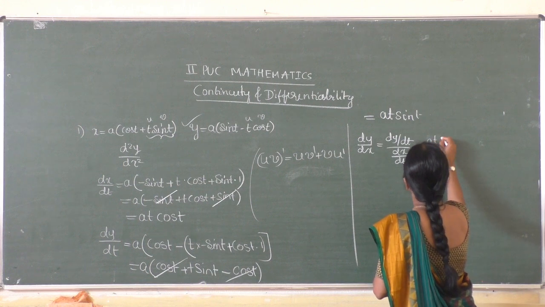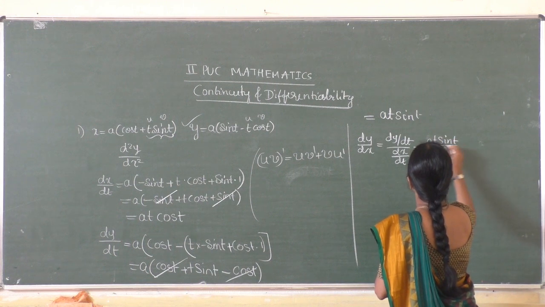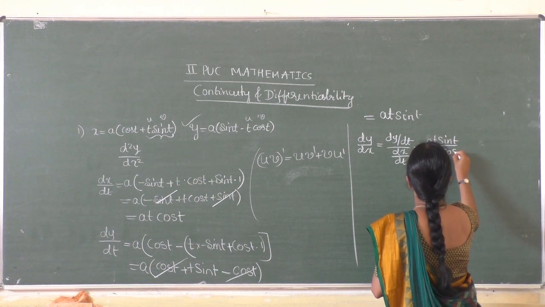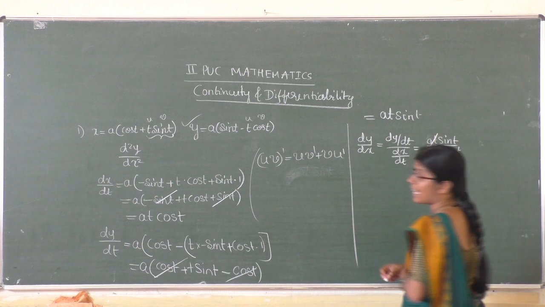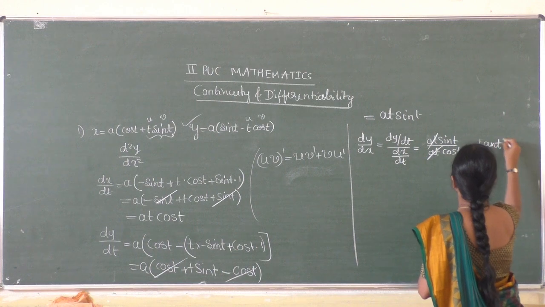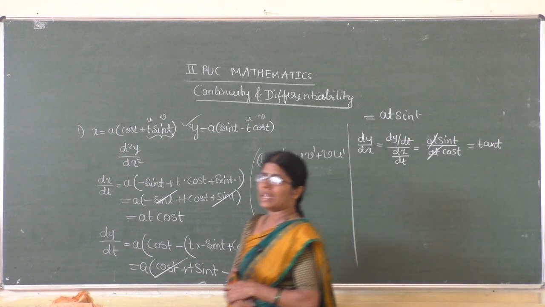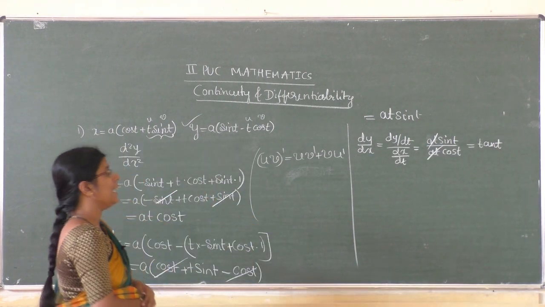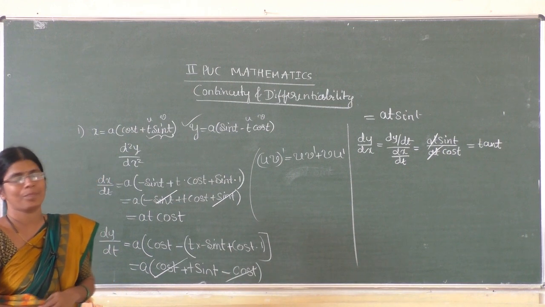That is a t sin t divided by a t cos t. Here a t and a t cancel, sin by cos is tan t. So dy by dx is equal to tan t.